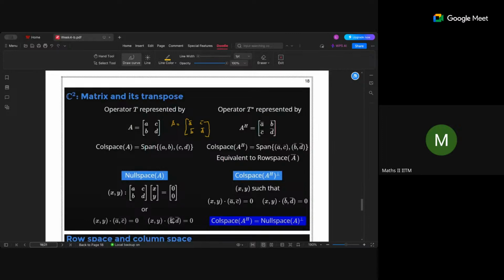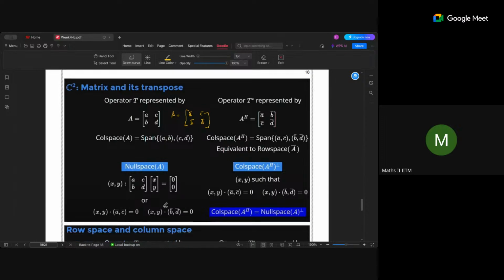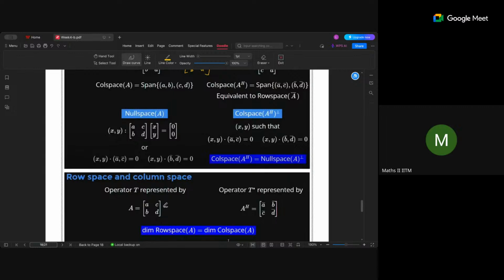Here, what is it that I am missing? Equivalent to the row space of A bar. I don't immediately see what I am missing here. But anyway, for now, let us hold on to this. I will check this and tell you.